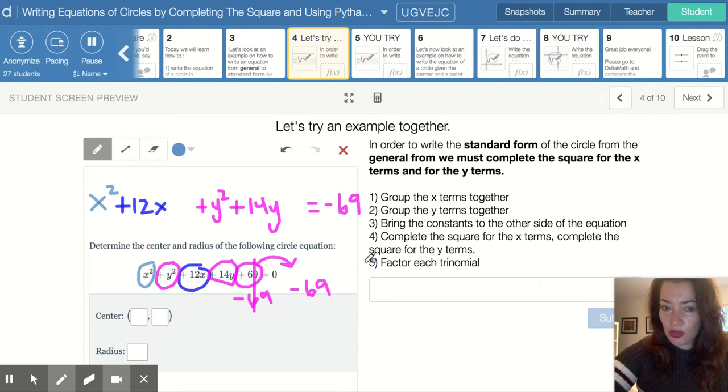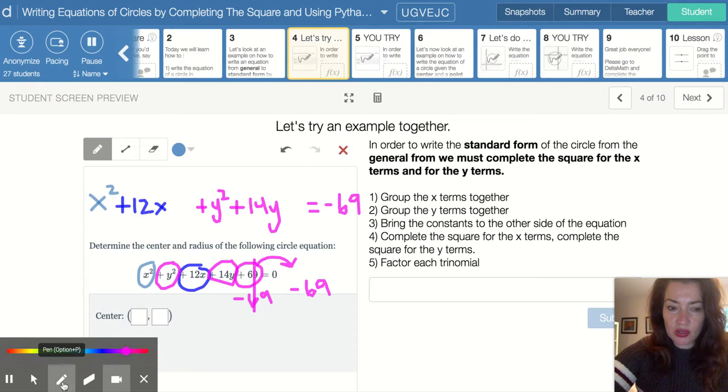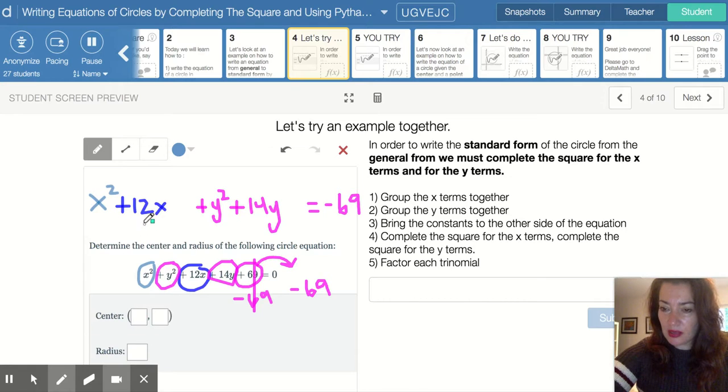The next thing we're going to need to do is complete the square, but we need to do that twice, once for the x terms and once for the y terms. So let's look at the x terms. If you remember from last semester, how do we complete the square? We take half of our b term, which in this case is 12.